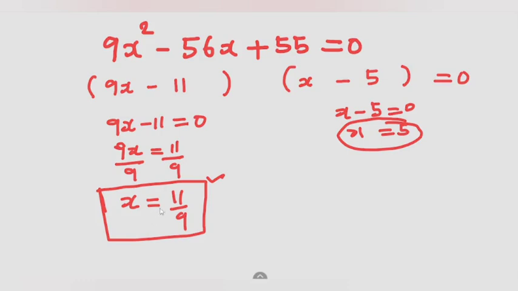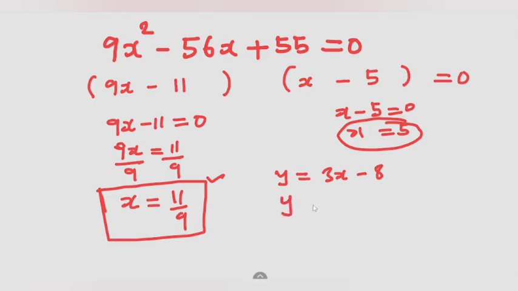Now for this one, if you remember, we did make y the subject of the formula, which was y is equal to 3x minus 8. So to find the other value of y, we are going to use this one. Where there is x, we put 11 over 9.